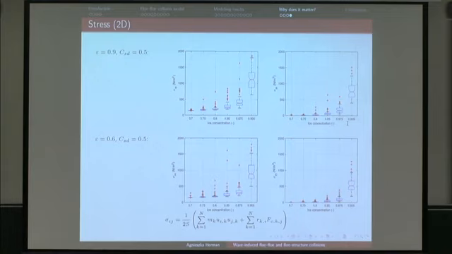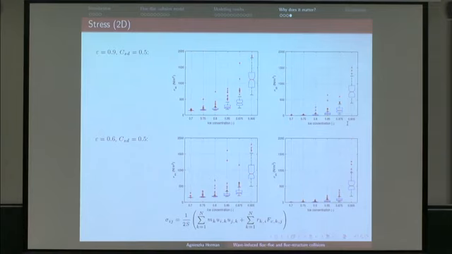Similarly, I think this is the last slide. When we look at stress in 2D cases, stress defined as a sum of two terms, one related to kinetic energy, the other to the contribution of contact forces, we observe very similar patterns in all cases, just the values are different.